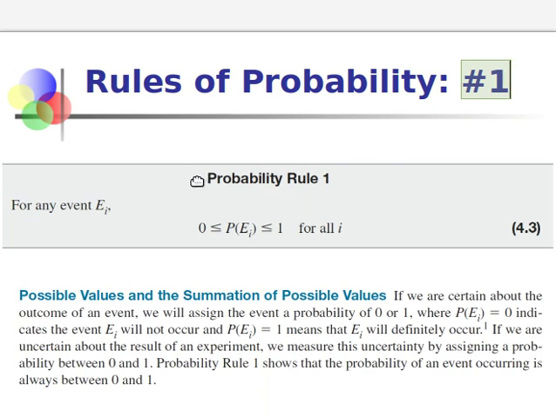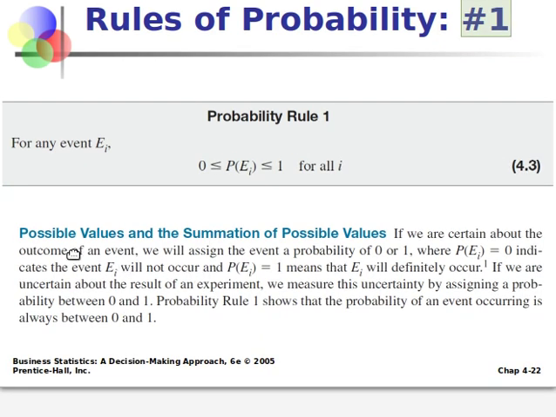Probability rule 1 says for any event E sub I, the probability of E sub I is greater than or equal to 0 and less than or equal to 1, for all iterations. That's 4.3.